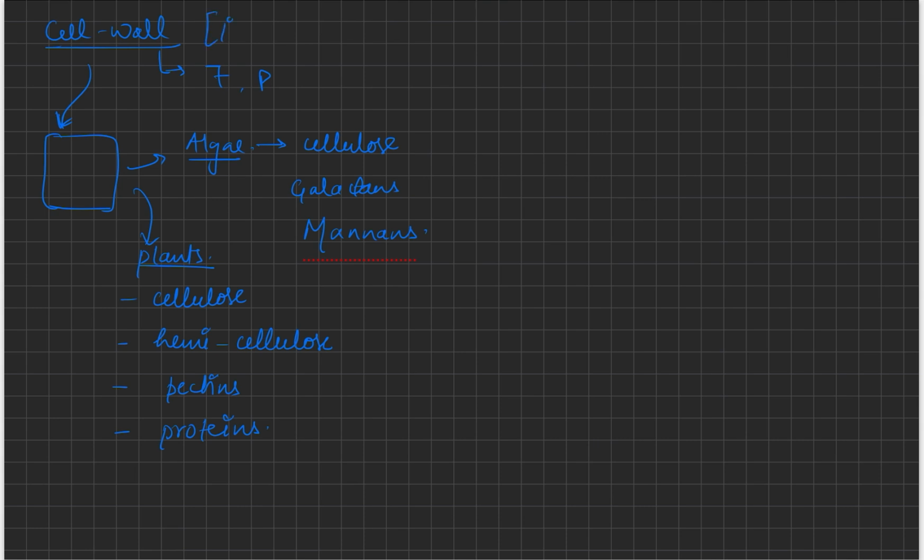There can be two types of cell wall, primary or secondary. What are the different functions of the cell wall? First of all, it gives shape, it gives protection from mechanical damage or infection, it acts as a barrier to undesirable molecules, and it helps in cell to cell interaction.